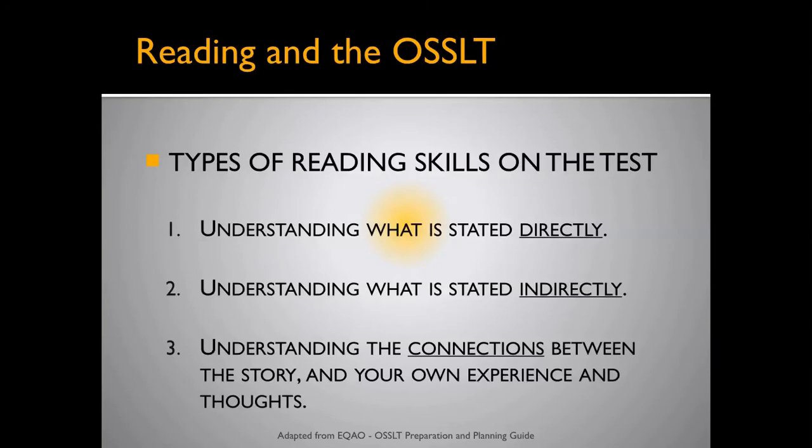The types of reading skills they're looking for: they want you to be able to read and understand what is directly stated, that is what's right on the lines. They're looking for you to understand what's stated indirectly, what that means is things that are inferred, reading between the lines. And finally, understanding the connections between the text and your own experiences, your own thoughts.